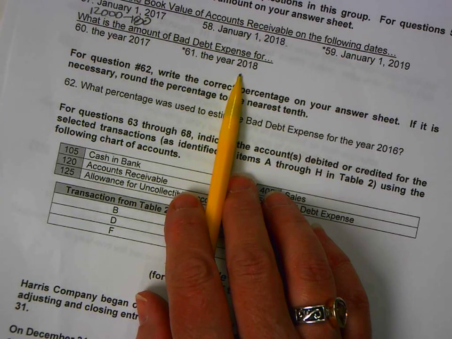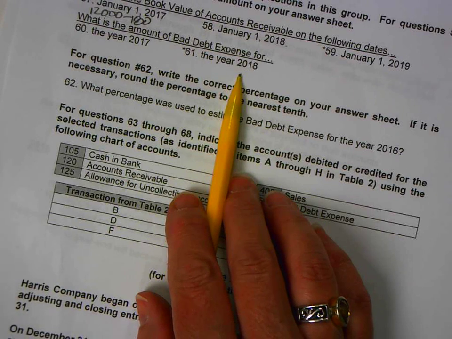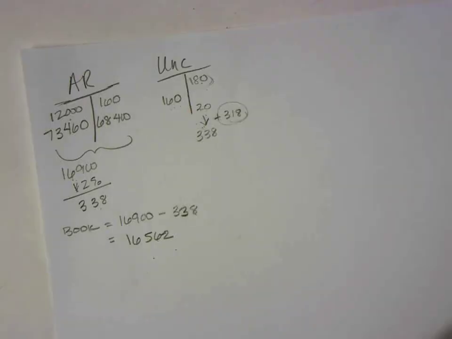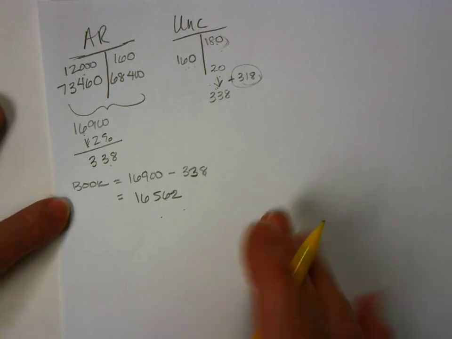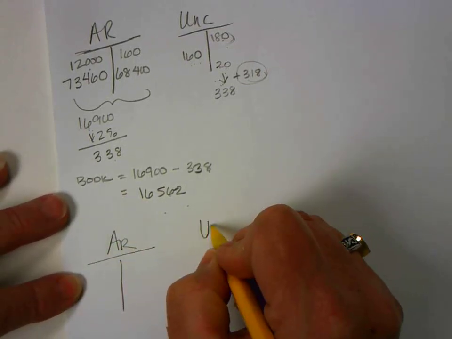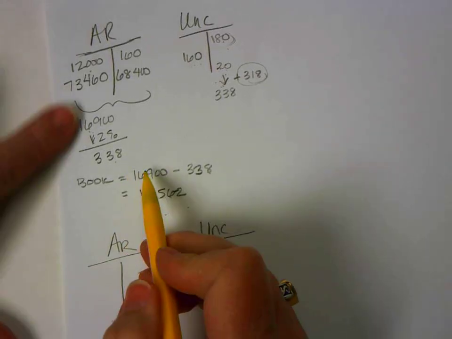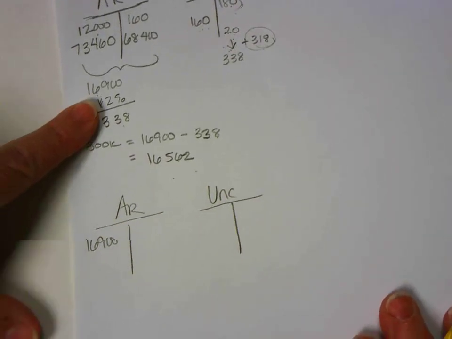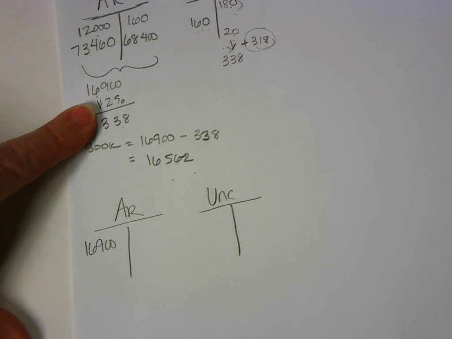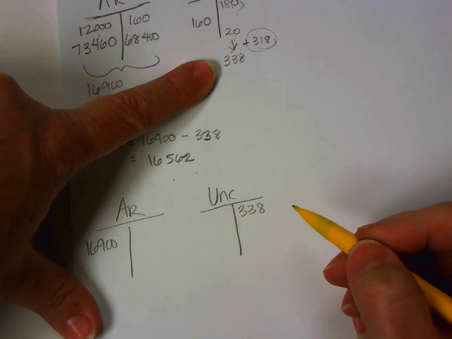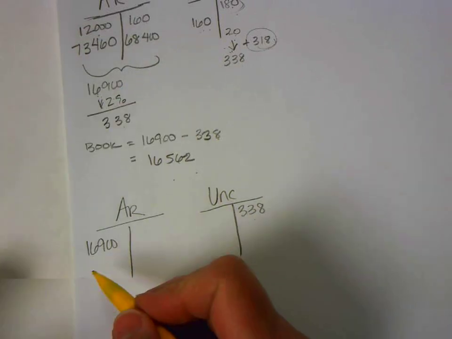Then while we're doing that, we're also figuring out the bad debt expense, or the uncollectible expense, for 2018. Okay, so same thing with the T's. We'll just start fresh with an AR and an uncollectible. Okay, so now my AR is 16,900, right? That's how I'm starting the next year. Okay, and I'm starting out with a 338 balance in the uncollectibles right here. Okay, so then I just go through that information here again.